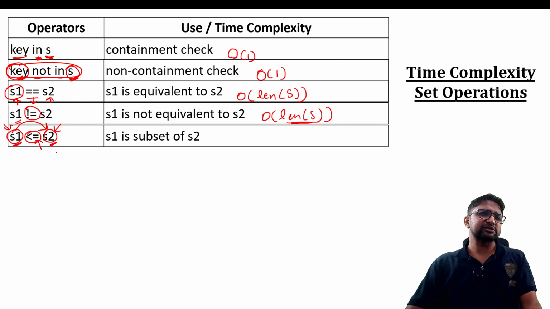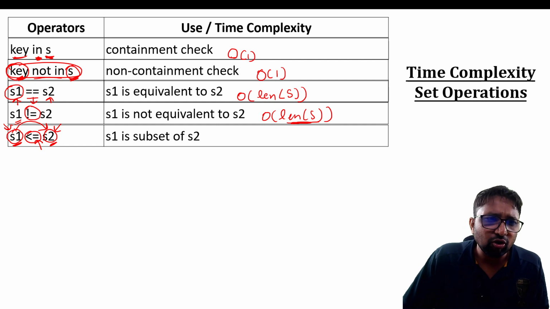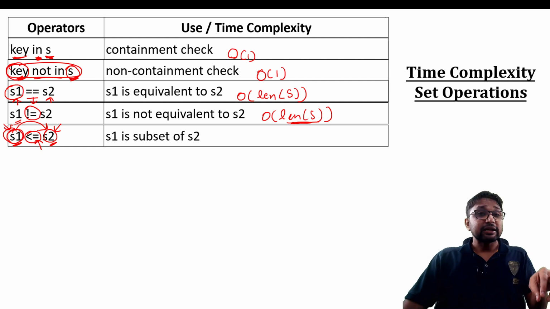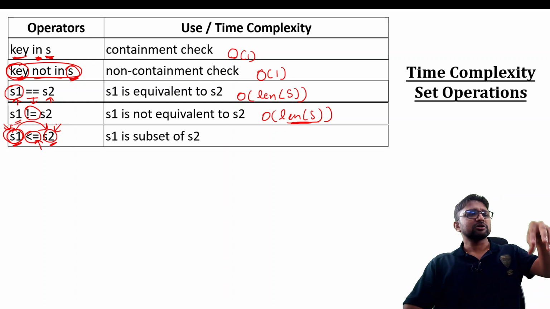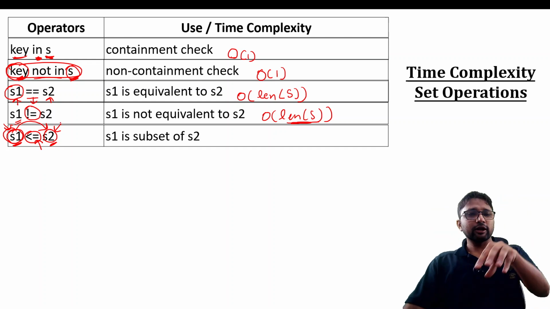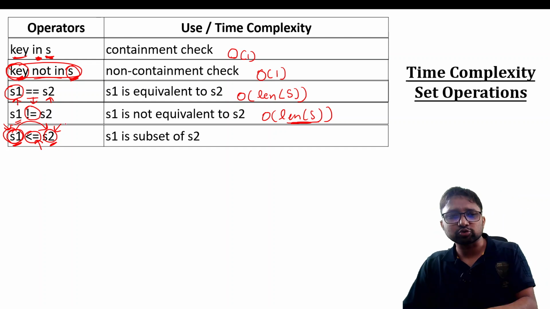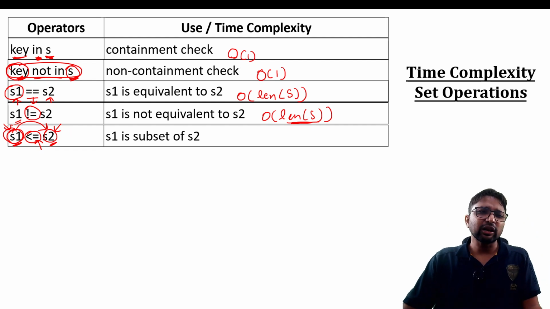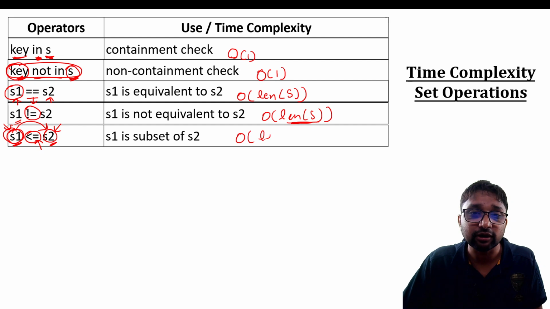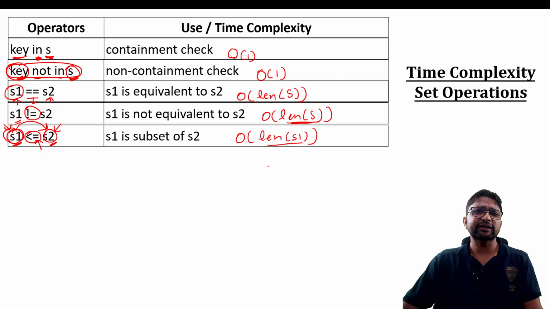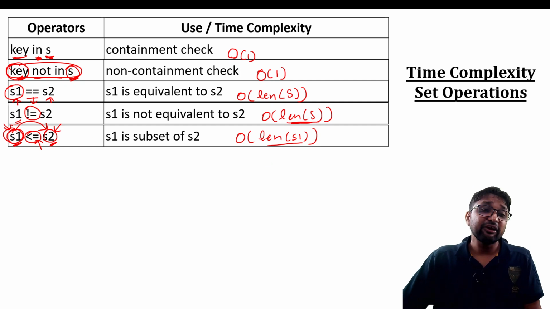So how much time will this take? You take all the elements of S1 one by one and search each inside S2. Take one element from S1, search it in S2, take another element, search in S2. Searching takes constant time, so the total number of elements you are searching depends on the length of S1. So the time complexity is the length of S1.